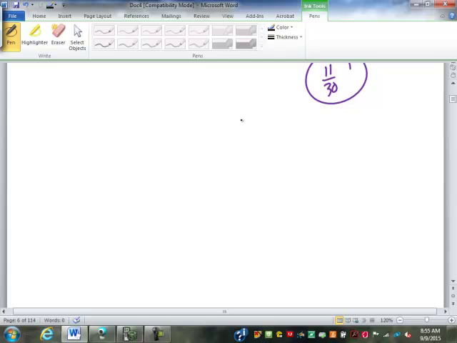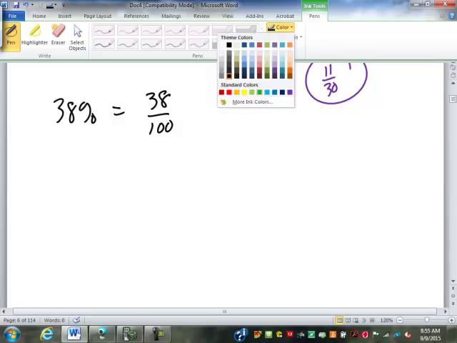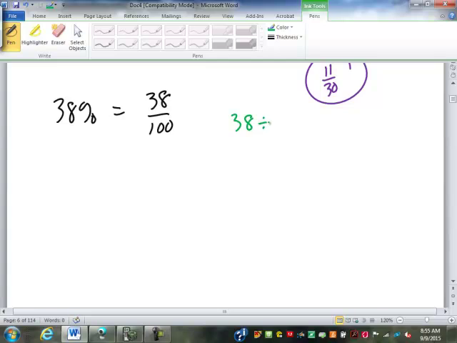Well, we can also look at changing our percents to decimals. We said 38% is just automatically 38 out of 100. Well, instead of reducing that fraction, we can change it to a decimal directly from that form. And to change a fraction to a decimal, you're just going to divide the numerator by the denominator. 38 divided by 100 is 0.38.